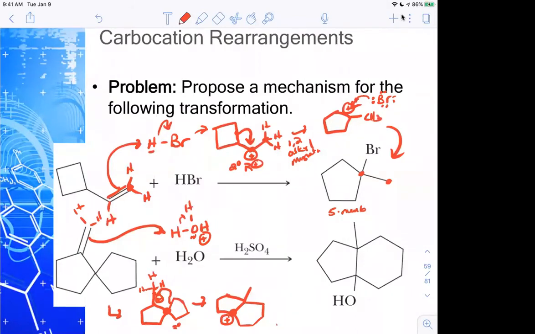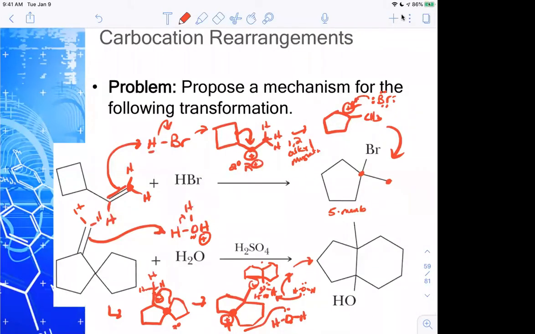Now, water is going to come in here, and then I'm going to end up with the oxonium ion, which has the O, H, and H. And then I'm going to have another water come in and get rid of the hydrogen. And that's how I get that neutral alcohol.